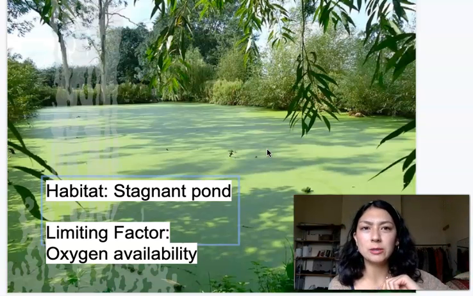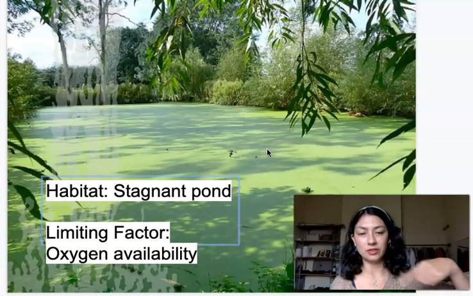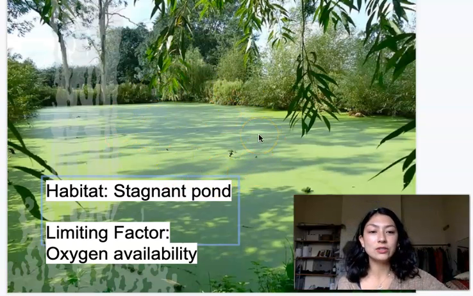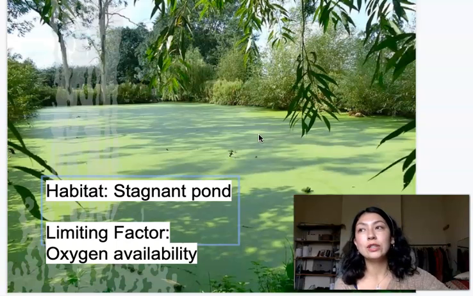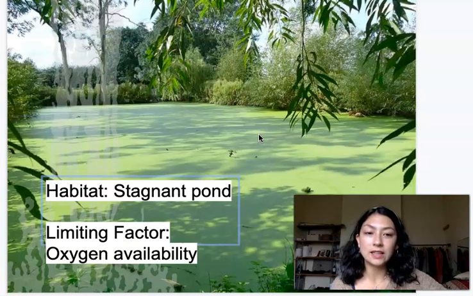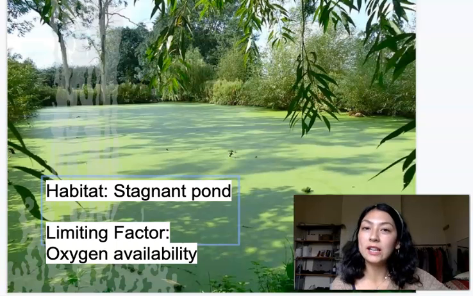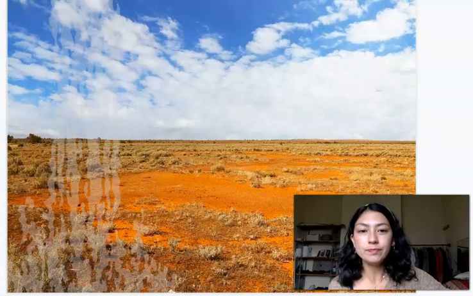Just like when you have an aquarium and you have those bubblers, that's to get oxygen moving around the water. So that means within this watery environment, there is very little dissolved oxygen. So there's only certain creatures that can actually survive. There's a limit to what creatures can survive in these particular habitats because of the limiting factors. There's a limit to what kind of creatures, and there's a limit to how they can reproduce.